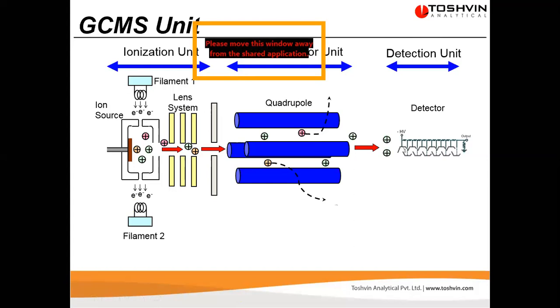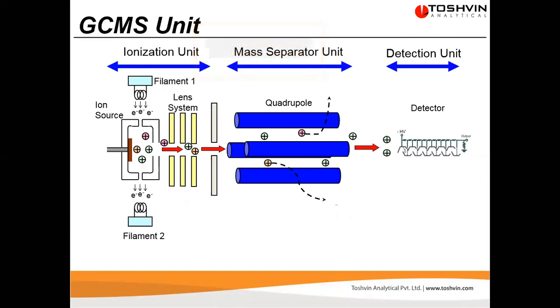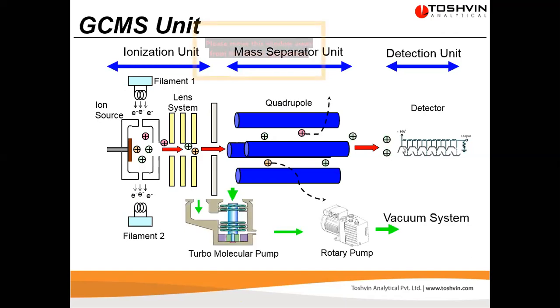So that is the actual detector used in MS. So if someone asks you in future, you can say that EMT is my detector in MS. And as I told you, all the things are under vacuum, so for that we have two more pumps.